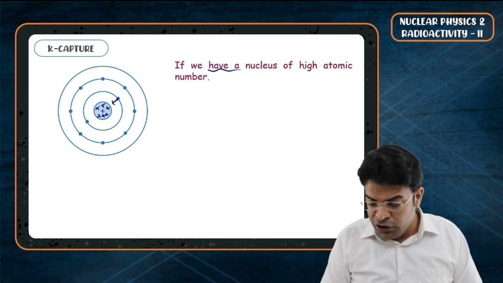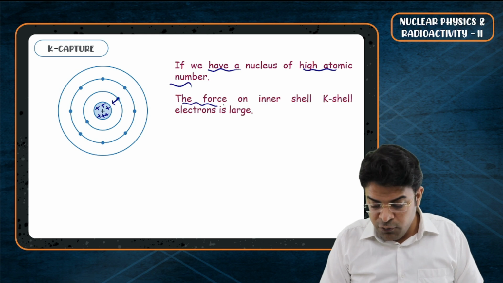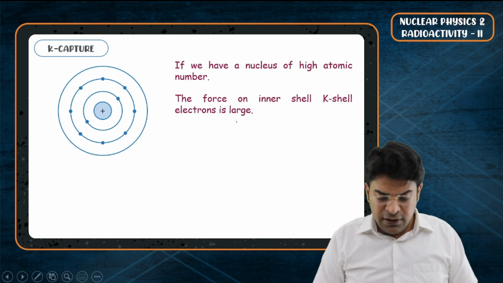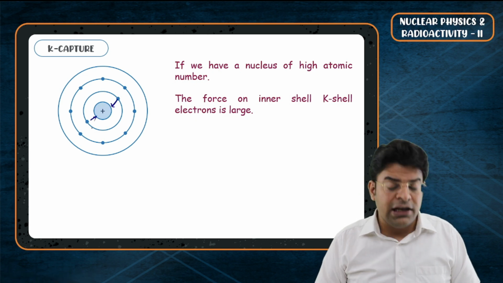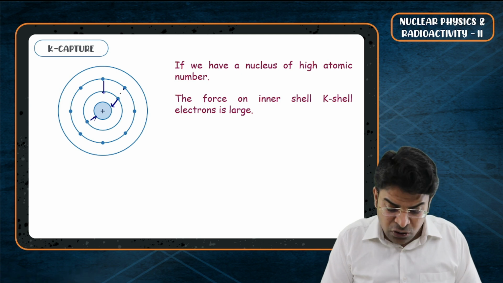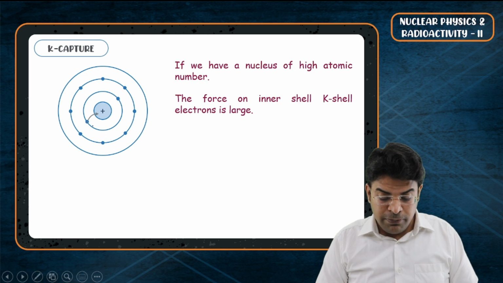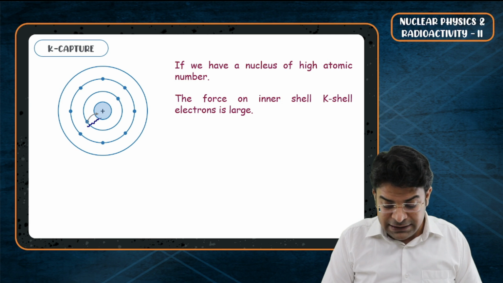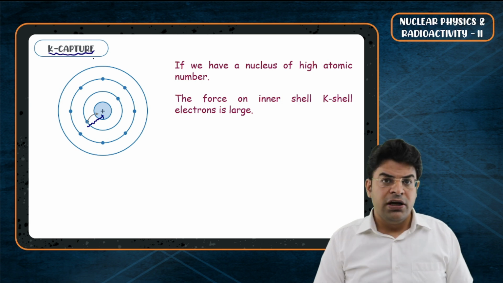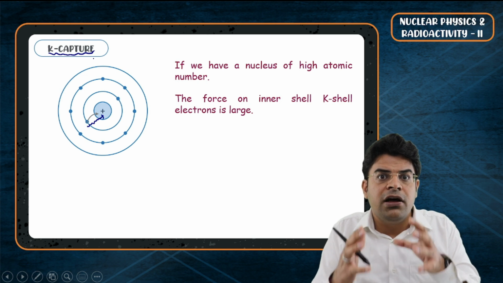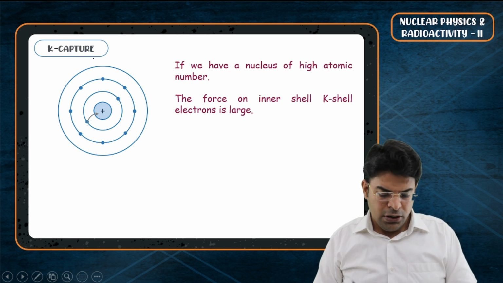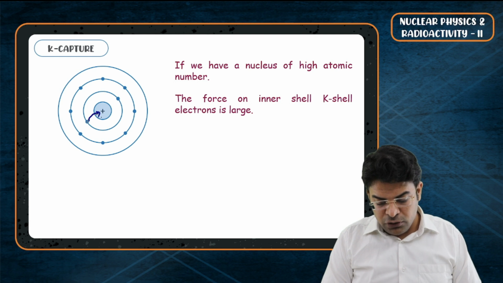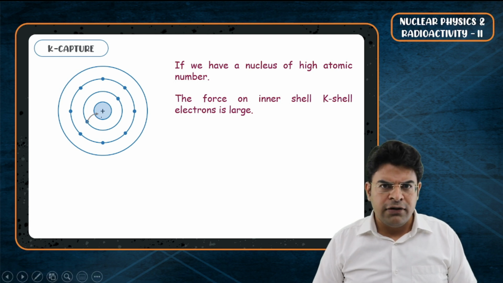So the force on the innermost K shell electrons is large. And if the force of attraction on these innermost K shell or L shell electrons is large, sometimes it is found that they end up jumping into the nucleus. When the electron gets captured from the innermost orbit, K, hence the name K capture. So the electron jumps into the nucleus, though an electron is not allowed to live inside the nucleus.